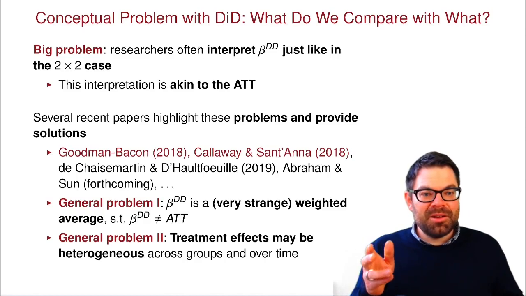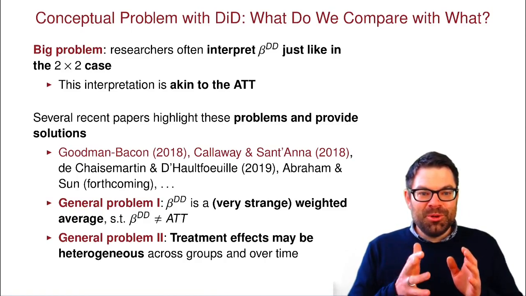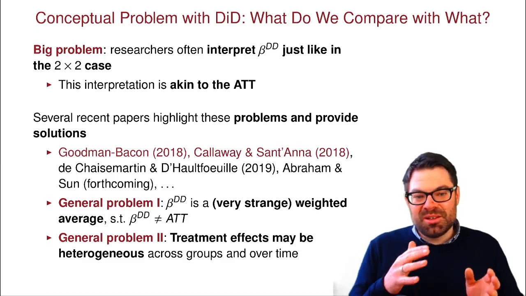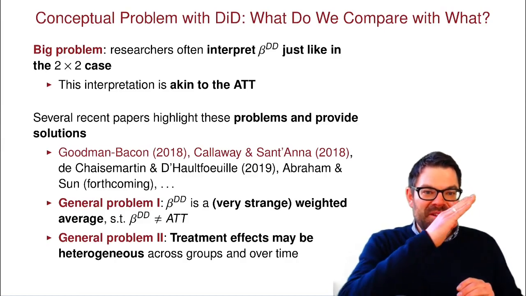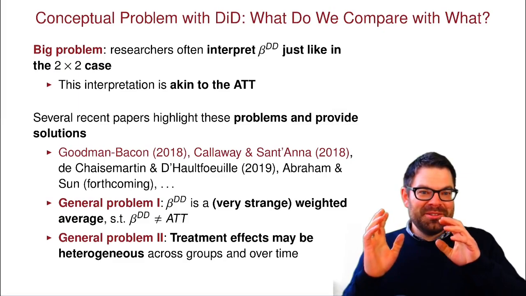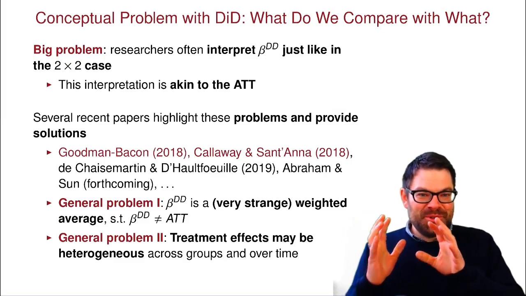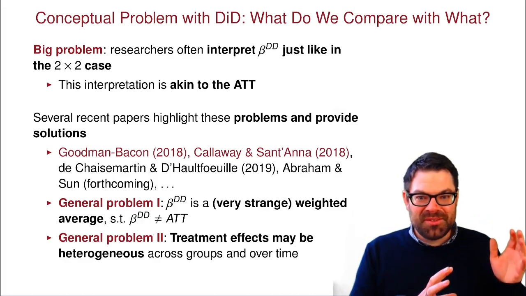in a staggered adoption design, because you're now in a world where, let's say, those for whom the treatment is most beneficial adopt it first, and the treatment pushes them on a different time path even, then those units that have been treated early might actually be part of the control group for the later treated units.